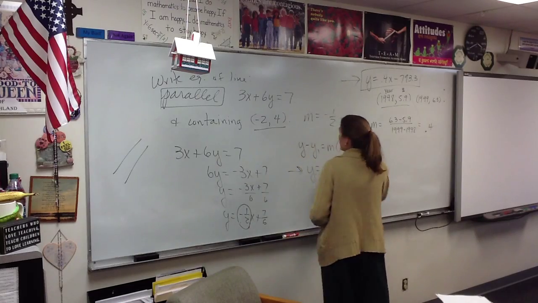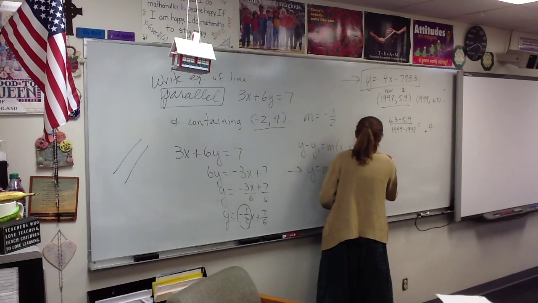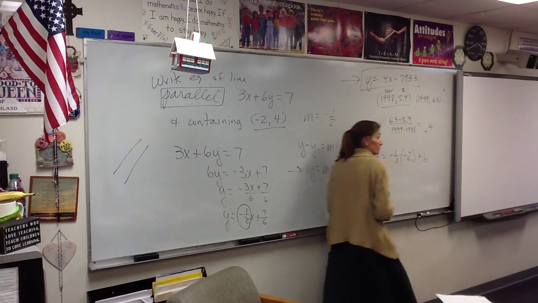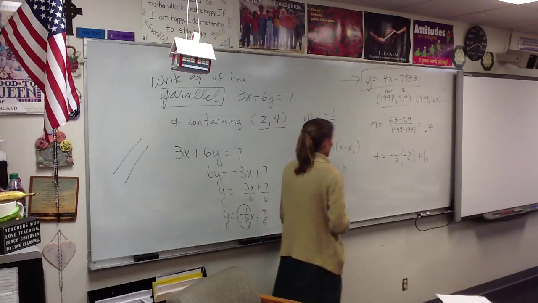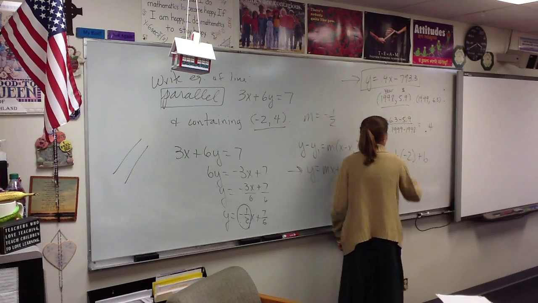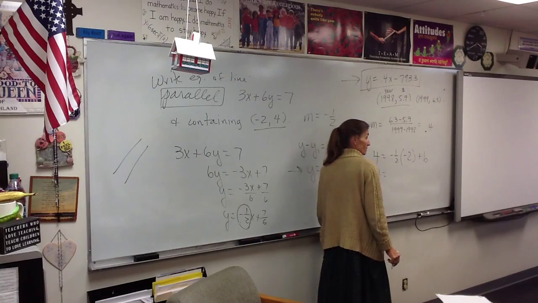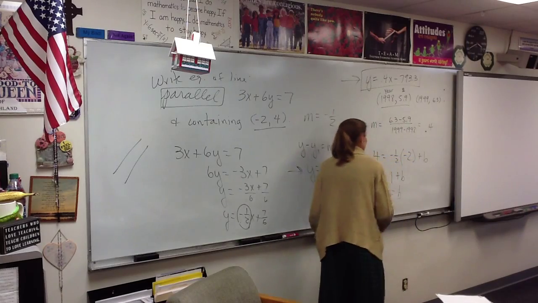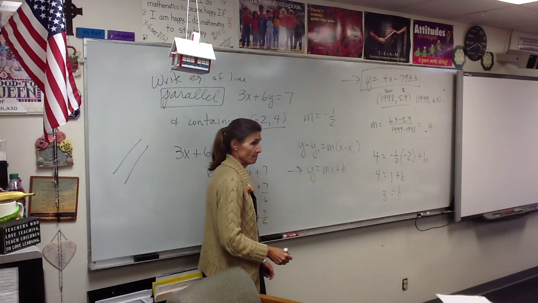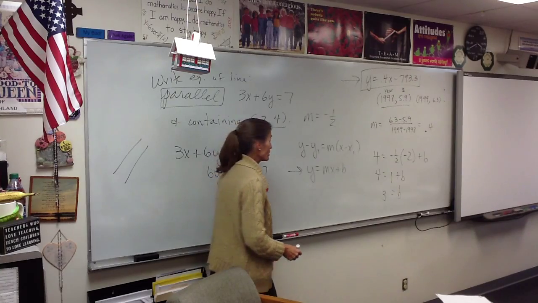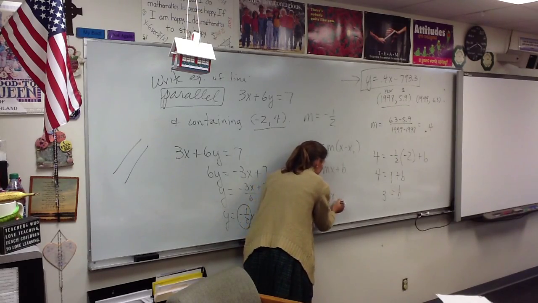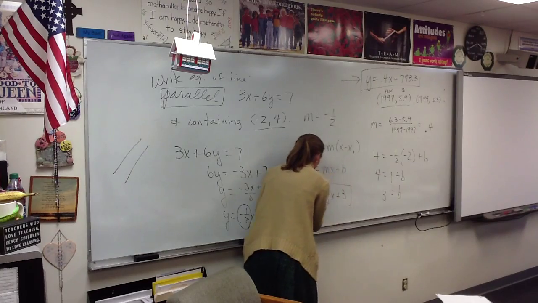All right, so here we go. y equals mx plus b. -3/2 times -2 is 3, so I got 7 for my b. Which means, what do I write down and put a circle around? y equals -3/2 x plus 7. Perfect.